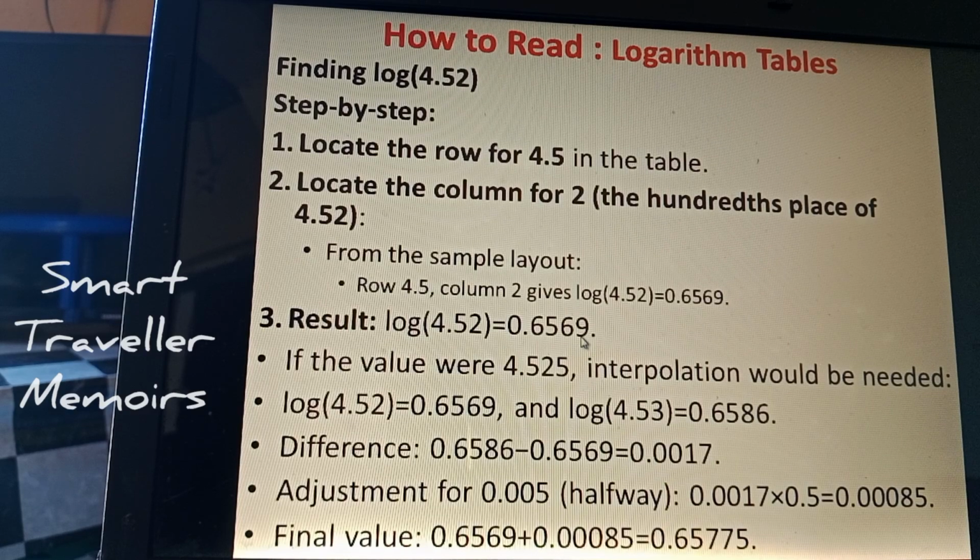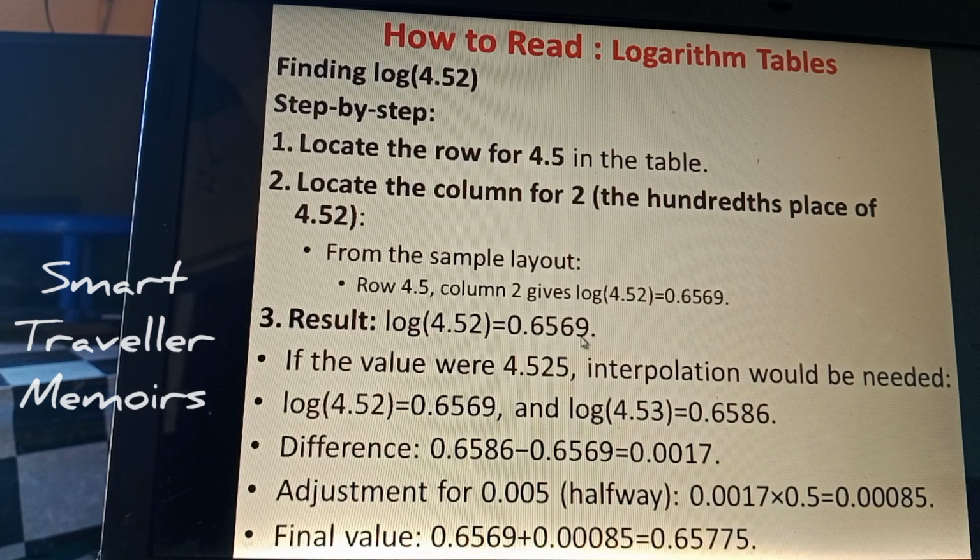If the value were 4.525, interpolation would be needed. And you do this: you look for the logarithm of 4.52, and then you look for the logarithm of 4.53, because 4.525 lies between. You get the difference is 0.0017, and you adjust.